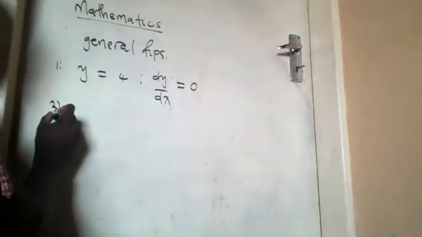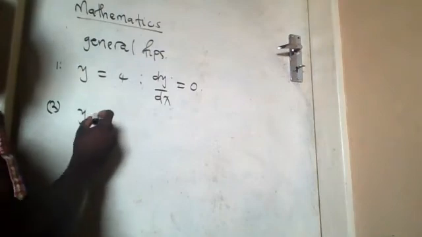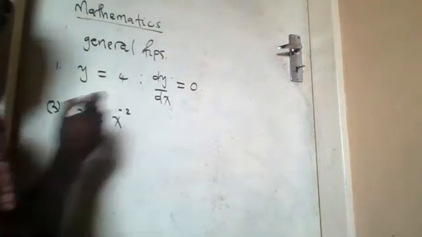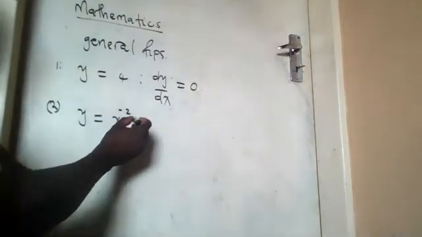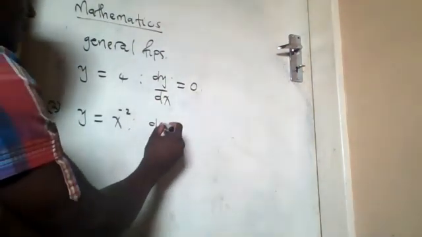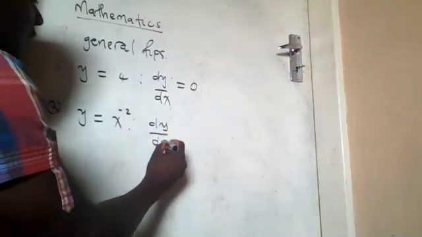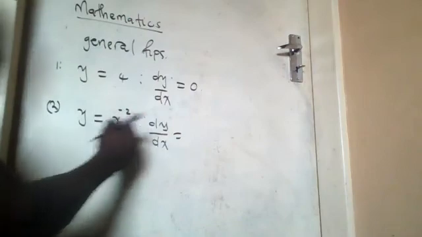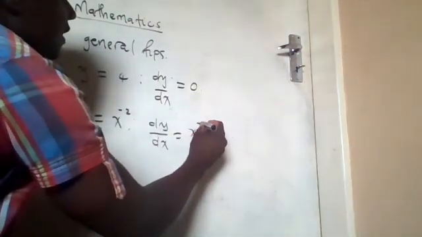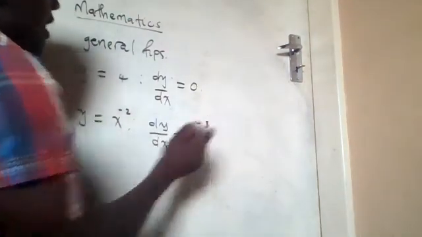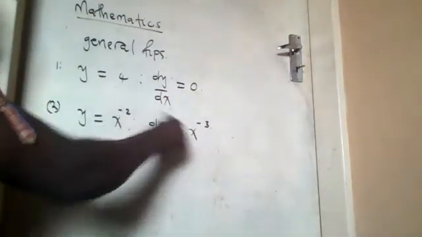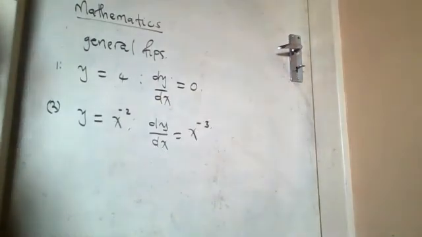Two, when you have y is equal to x negative 2, dy over dx, when the power is negative, when you are differentiating, does the power increase or reduce by 1? We have a 2 which is bigger than a 3, so the power has to reduce by 1.